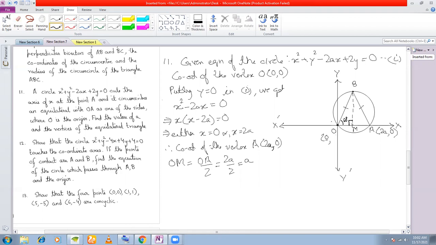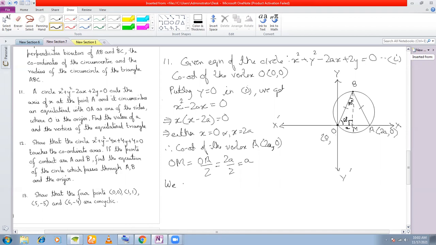So therefore, this angle must be 30 degree, right? Therefore, in this right angle triangle, obviously we know this length also, OM. OM is equal to A, we have found out. Therefore, which trigonometric ratio should I use to find out BM? Obviously, tan I should use, right?